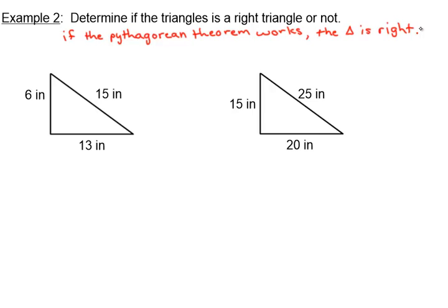If the Pythagorean theorem does not work, it's not a right triangle. So that's all we're checking out. So we're going to check out to see if the Pythagorean theorem works. So we're going to say a squared plus b squared equals c squared.